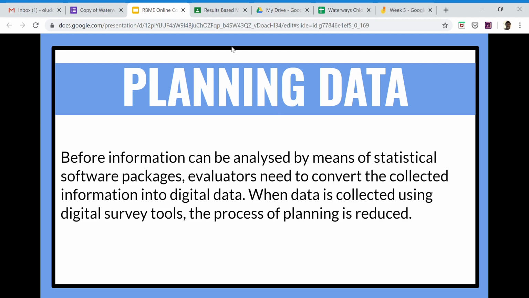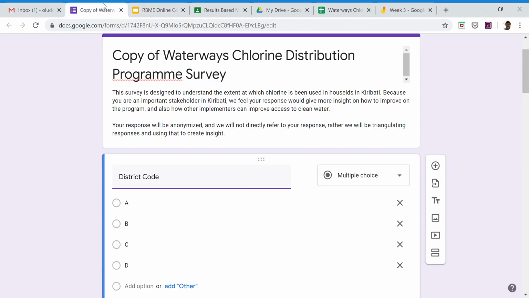What happens most times is that this instrument will still end up in digital format. Currently we have different software tools that can be used to analyze data, so it's important that we get this instrument into the language those software tools will understand.